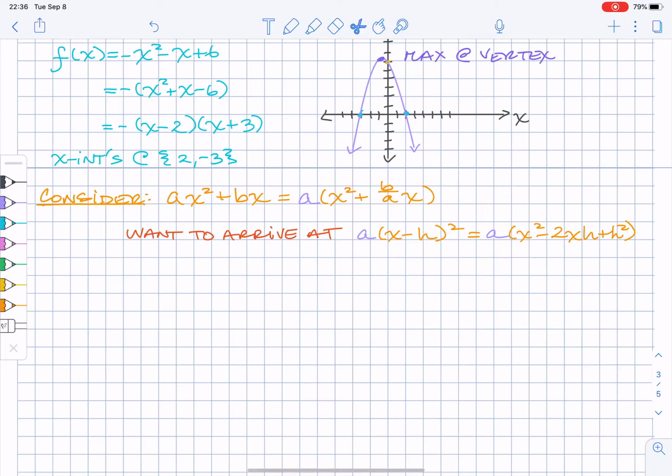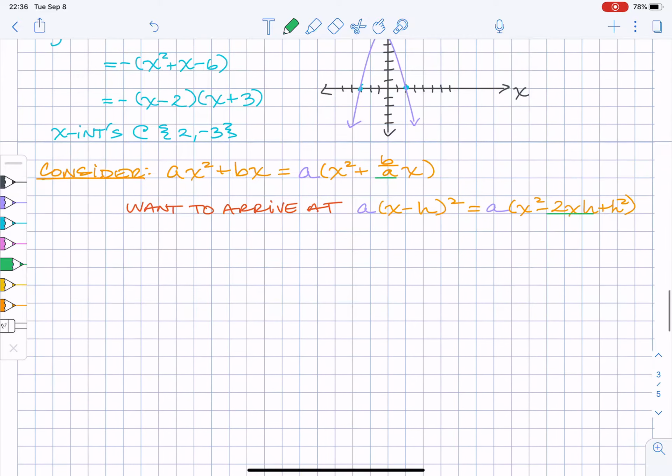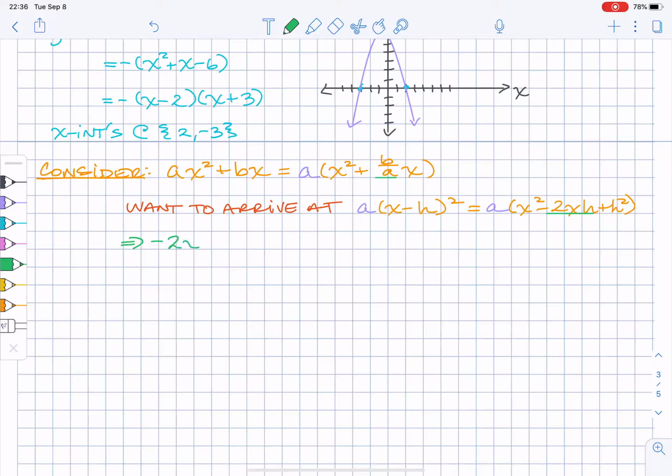Wonder if I should introduce you to the want to find acronym. Okay. So if I wanted this to be the same, then I would need that negative 2xh was the same as b over a times x.